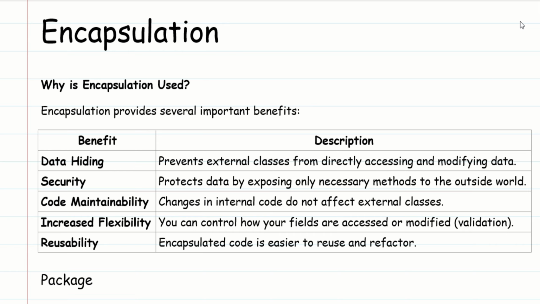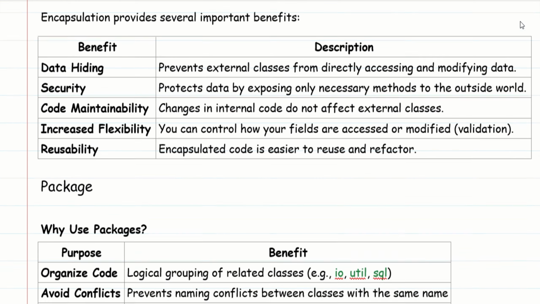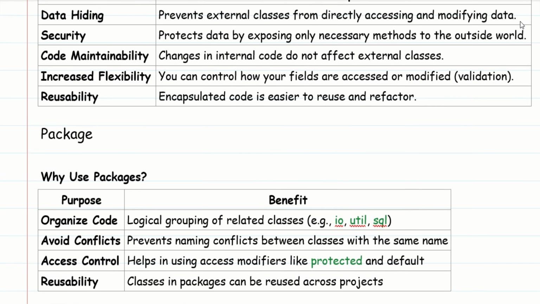Before getting into an example, there are two concepts called a package and access modifier, which are involved in encapsulation. So let's see what a package is. A package in Java is a namespace that groups related classes, interfaces, and subpackages together.